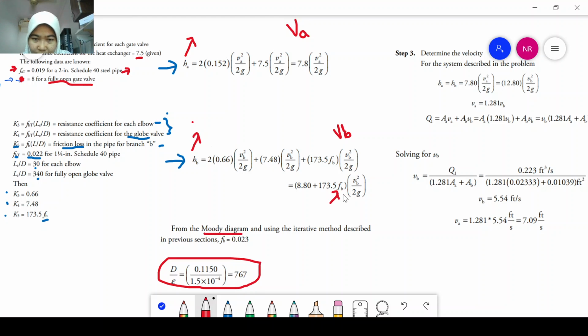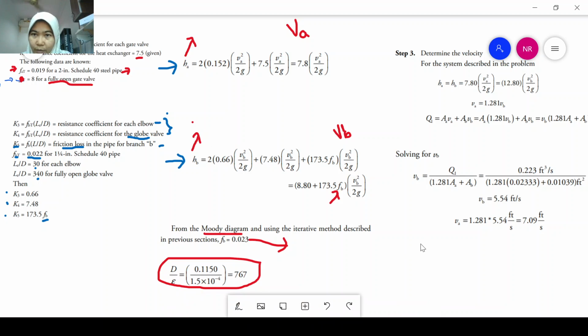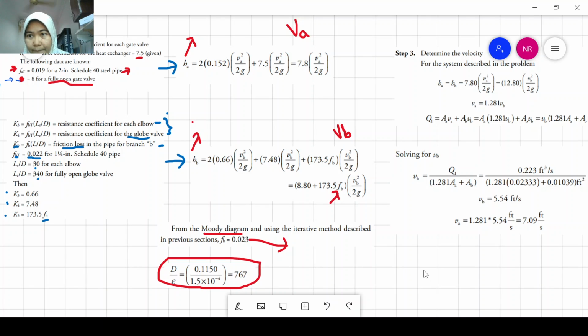You don't know FB, so first you must assume your first FB. The first FB is 0.023, because you need to assume this F value to determine the velocity.